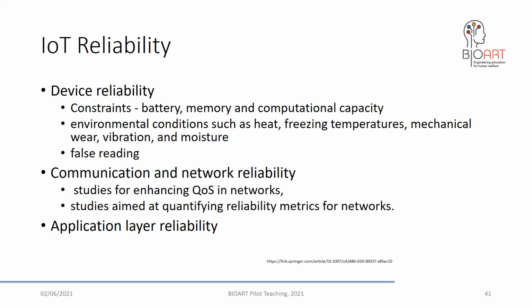One deals with the quality of services in networks, and the other deals with quantifying reliability metrics of the networks. And when we are talking about application layer reliability, we're talking about software and reliability of the software systems.